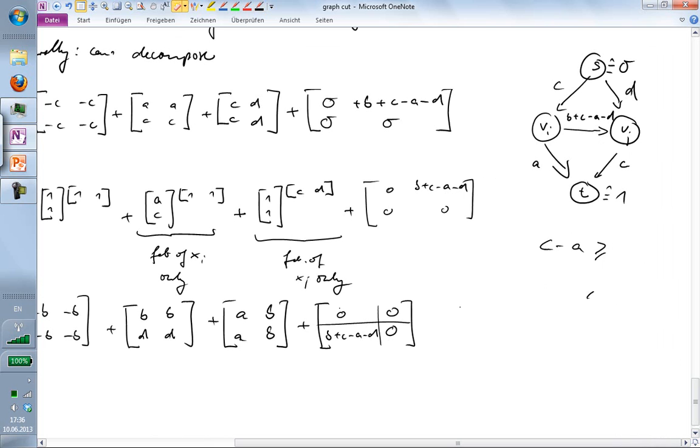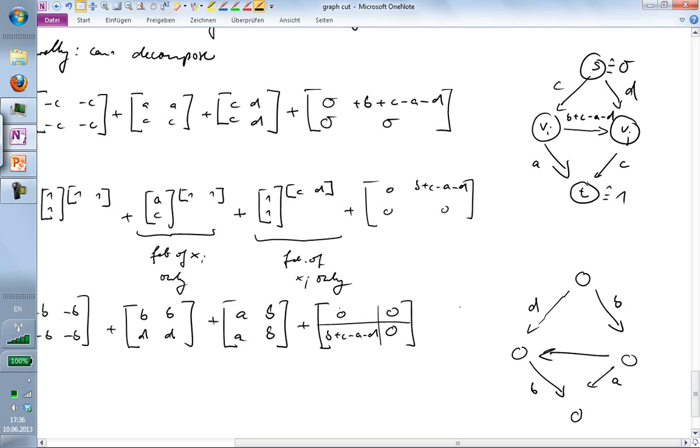And I can draw the associated graph. Again, I'm using the recipe for the unaries here, which says D goes to the upper vertex and B to the lower vertex, and here B goes on the upper edge and A goes on the lower edge.